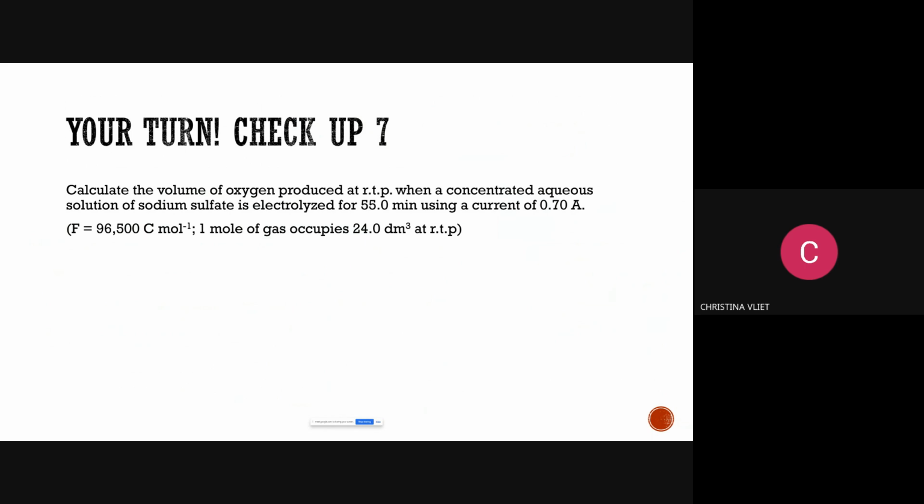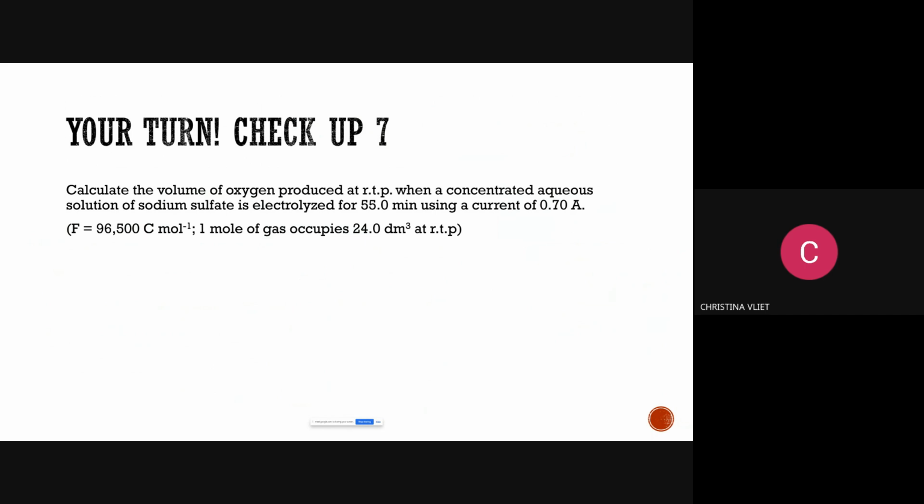All right, so try this question. You good? Strategy? It's saying the same thing.